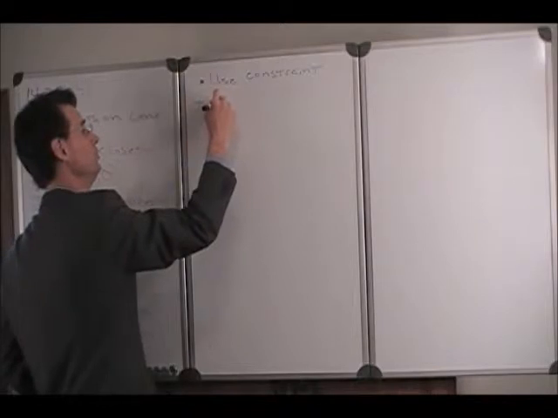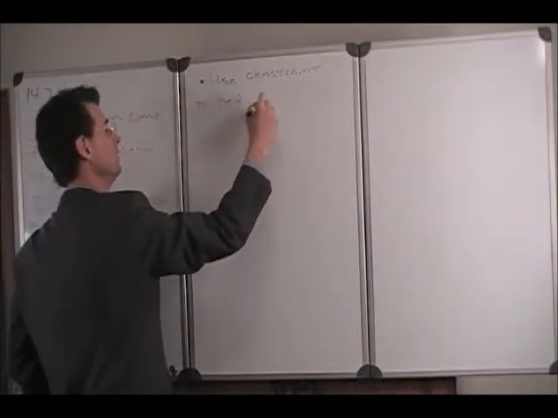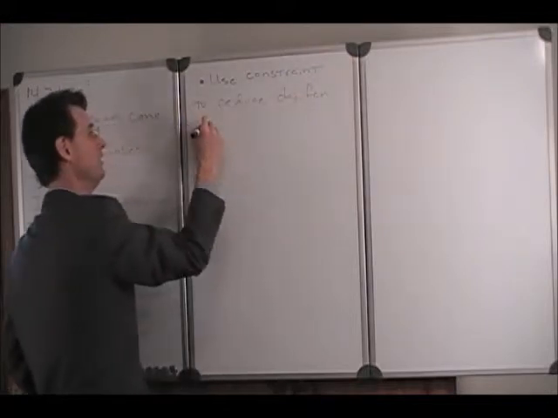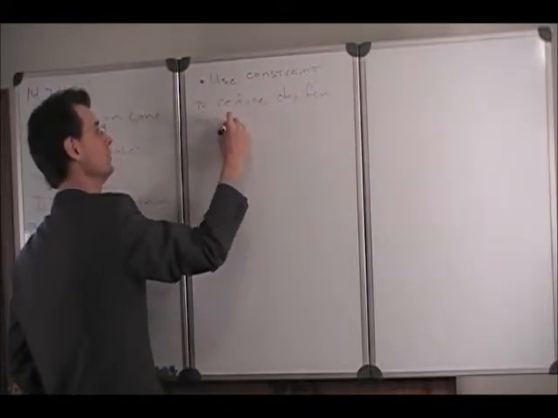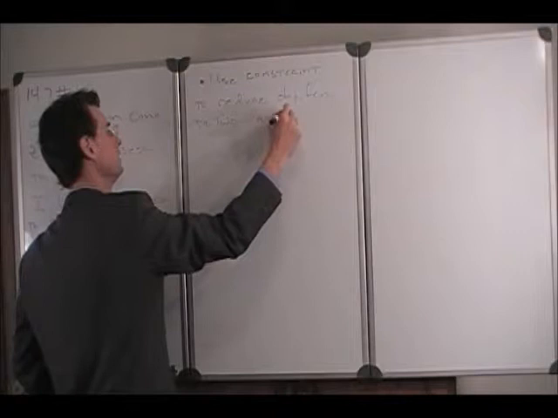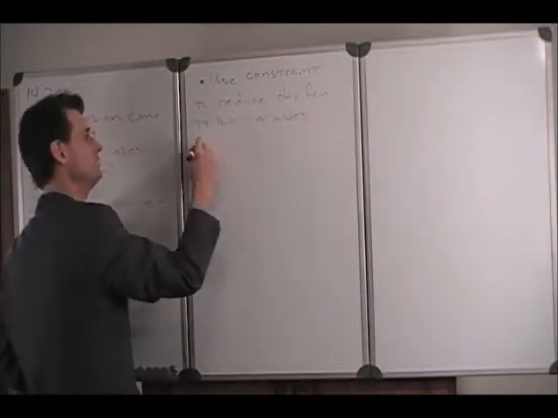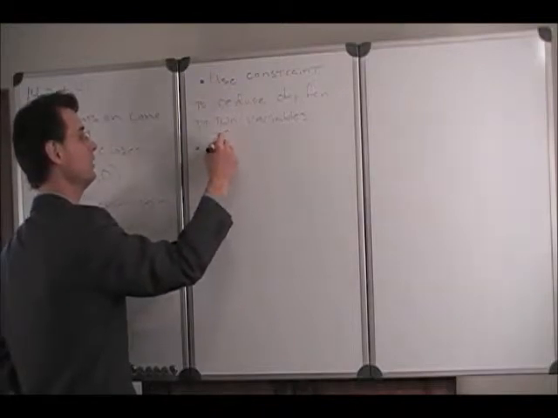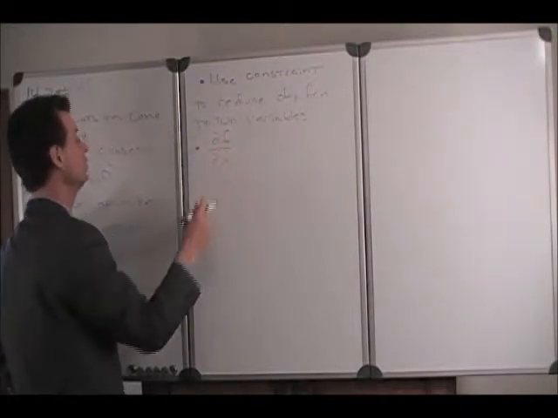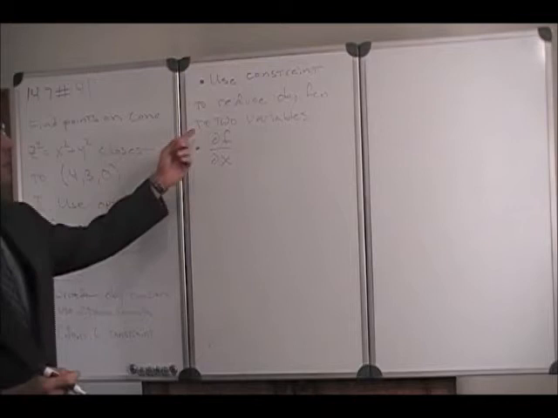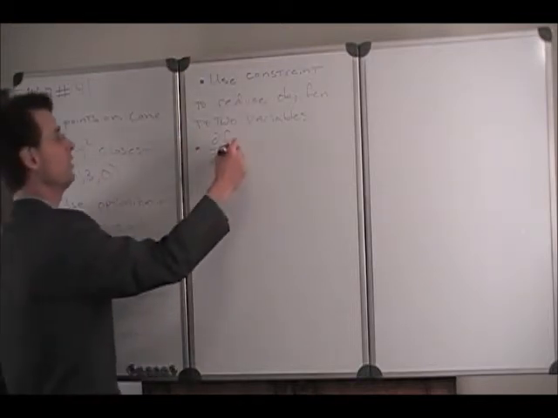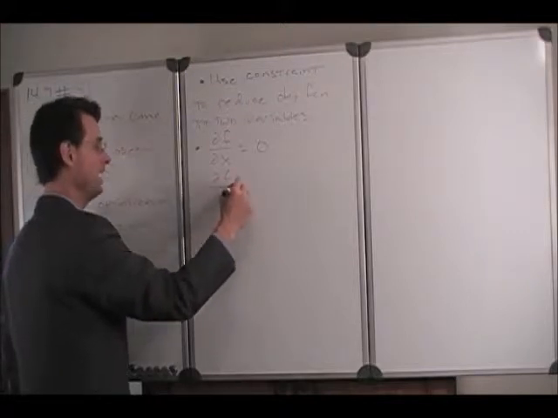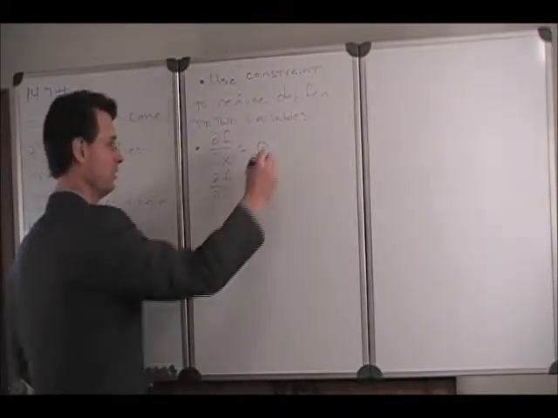Once we have the objective function and the constraint function, we can use the constraint function to reduce the objective function to two variables. Once we have the objective function in two variables, we compute partial f partial x equals 0, partial f partial y equals 0, assuming we're calling the objective function f.